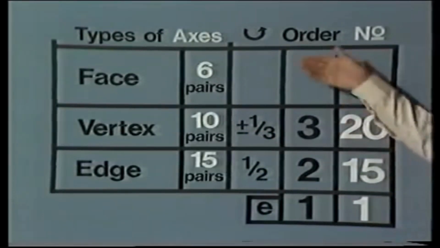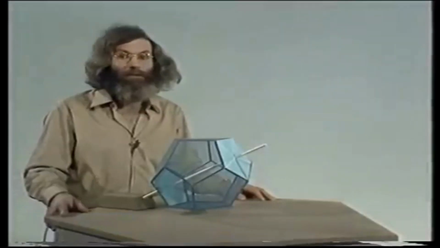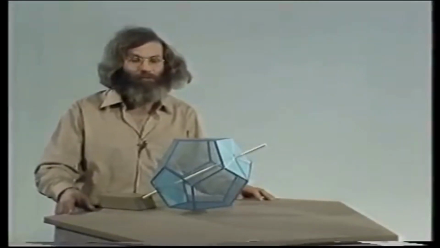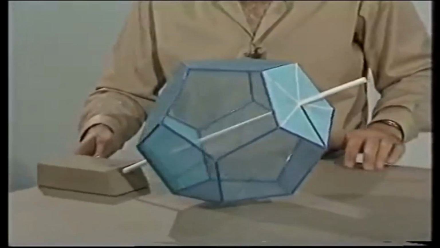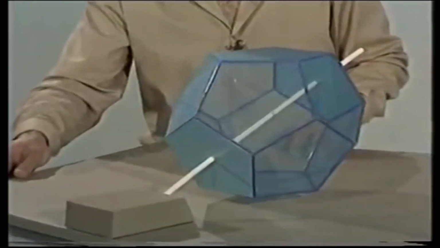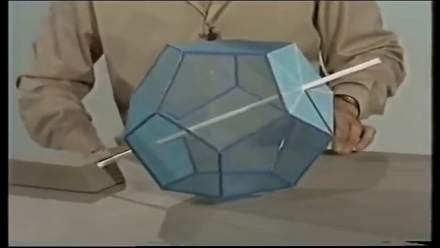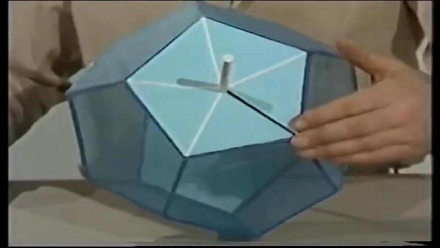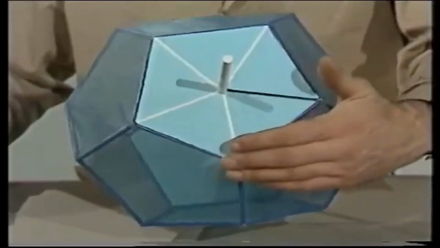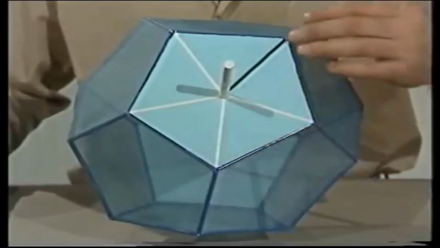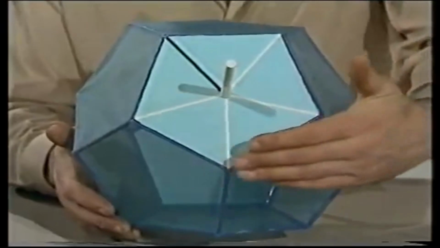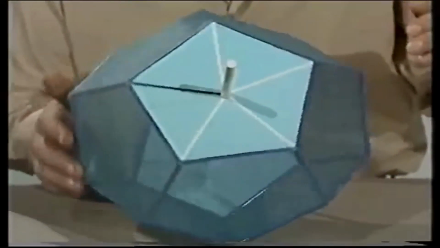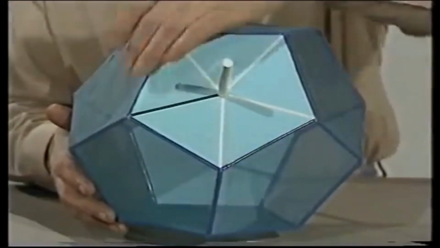Next, axes through pairs of faces. And this time there are 4 non-zero angles of rotational symmetry. Well, here's an axis like this through a pair of opposite faces. And the rotations are as follows. There's 1/5 of a turn, 2/5 of a turn, 3/5 of a turn, and 4/5 of a turn.